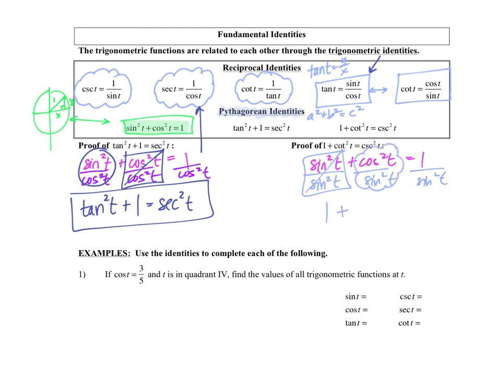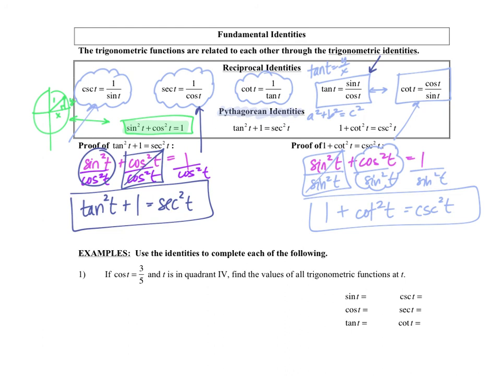Cosine squared divided by sine squared, by definition, that's cotangent squared of t. And 1 over sine squared, that's right here, that's cosecant squared of t. And there's my new identity. So that's where they come from. Okay, I'm going to stop right there for now.